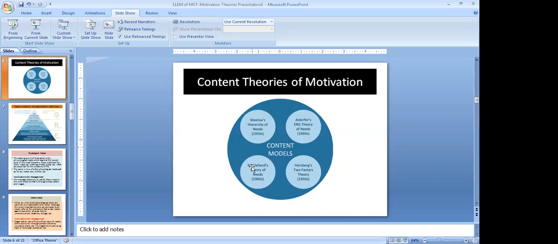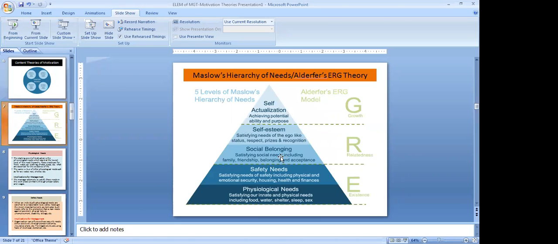This is not an exhaustive list of content theories because we also have other theories that fall under content theories, like McGregor's Theory X and Theory Y. They also describe what motivates man and not how the motivation occurs. But we're going to limit ourselves, as time permits, to these four theories. You can read the others at your own convenience.